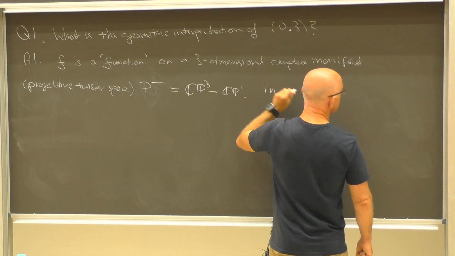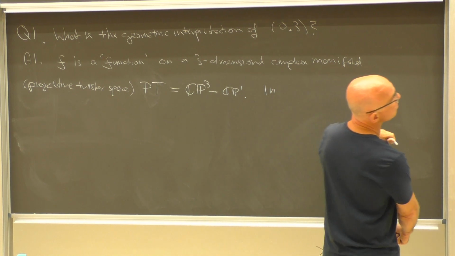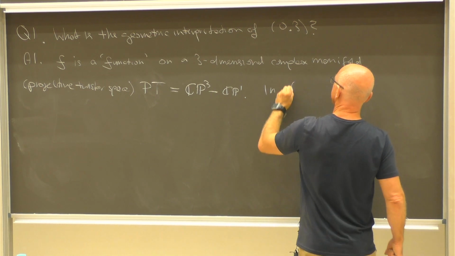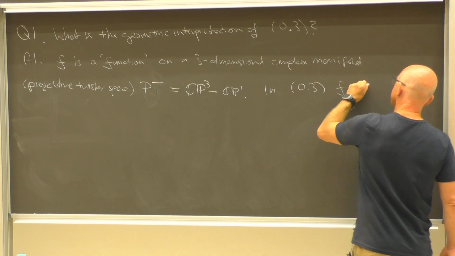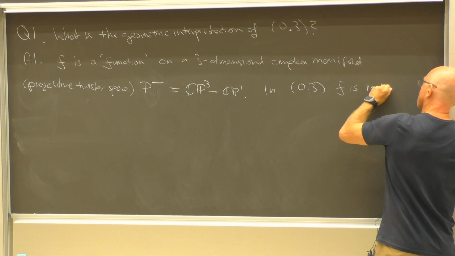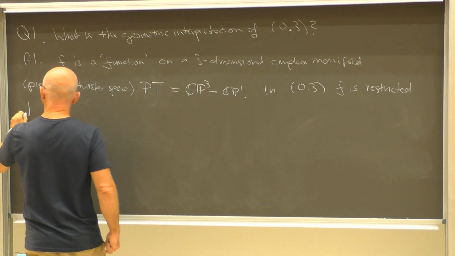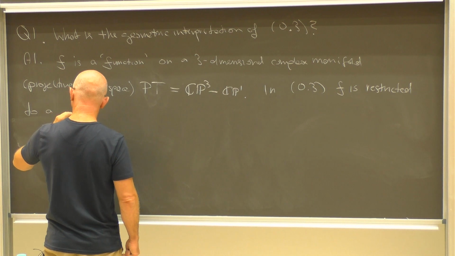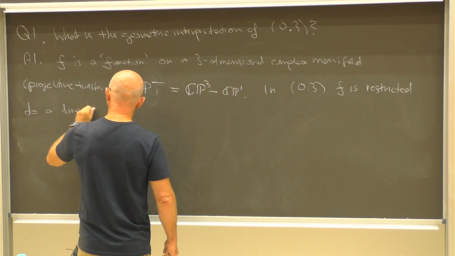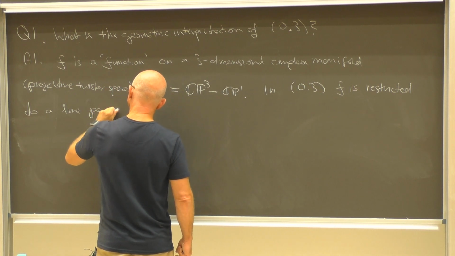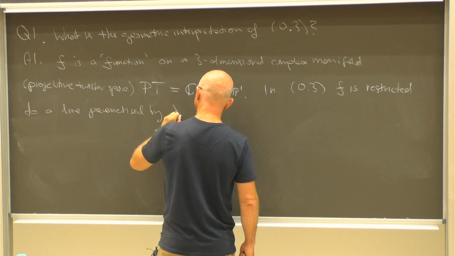So in 0.3, f is restricted to a line parameterized by lambda.